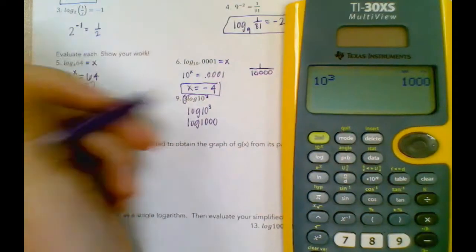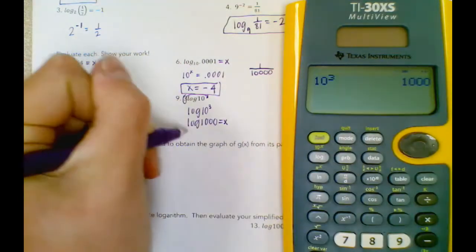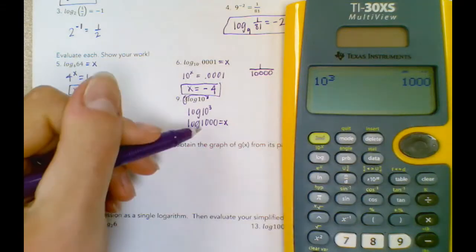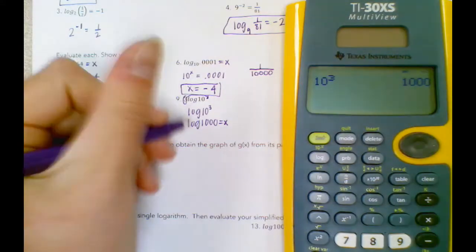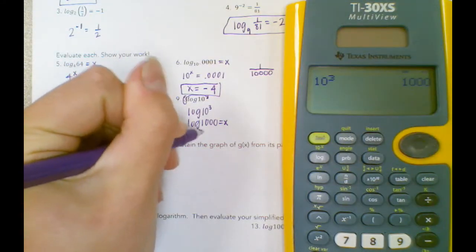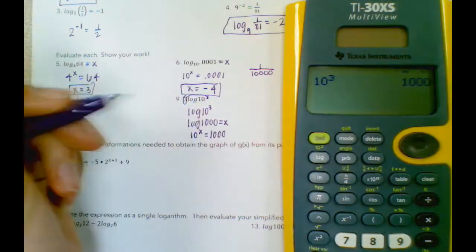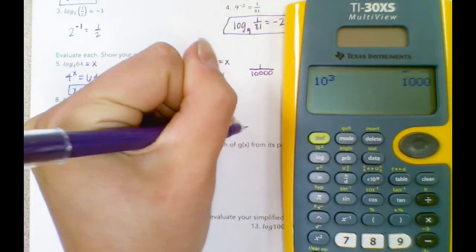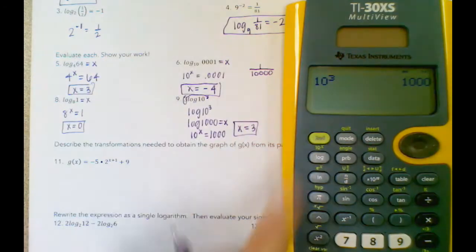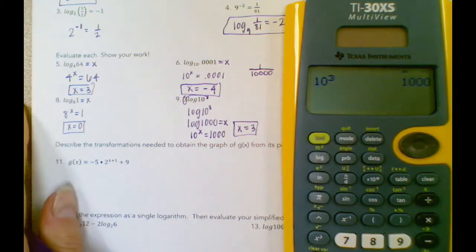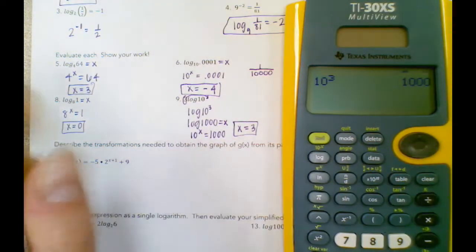Now you can set that equal to x and then solve. Now the base of this log, remember, if there's not a number there, it's just a known 10. So x equals 3. And again, oh my gosh, guys. That was silly.